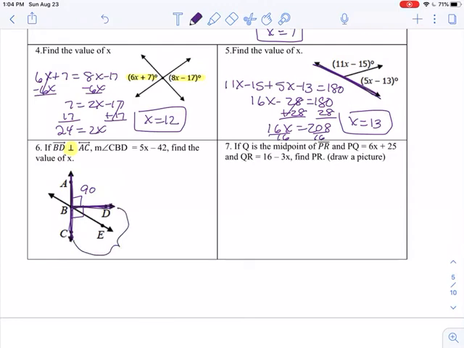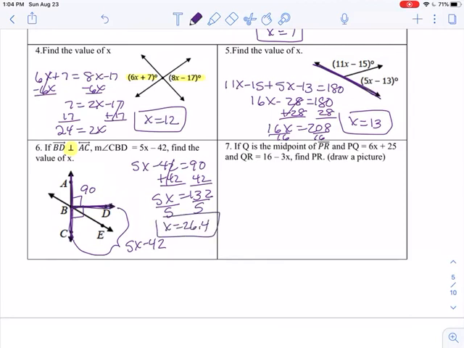Now CBD is this whole thing right here, so CBD is a right angle. So I'm going to take 5x minus 42 and set it equal to 90 and solve. And I get a decimal, which is okay. I know sometimes you think when you get a decimal you made a mistake somewhere, but you did not. And you get 26.4.